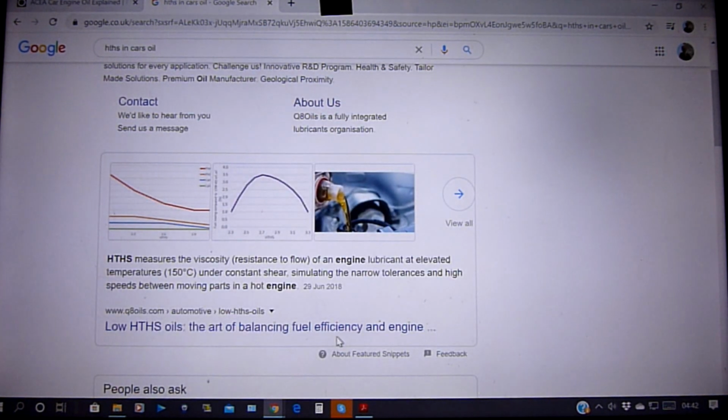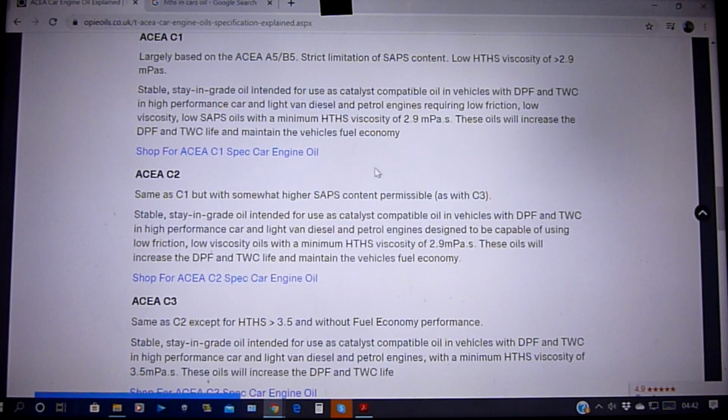The art of balancing fuel efficiency and engine life. So if that number's higher, then it doesn't really deal with the fuel economy. Right, okay.